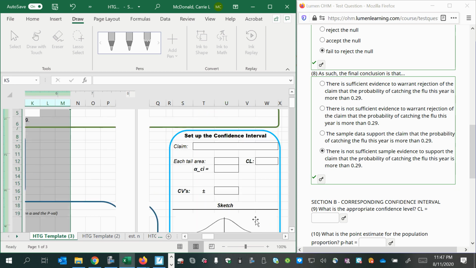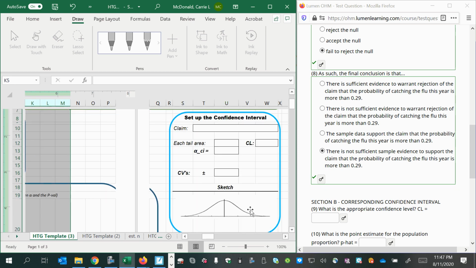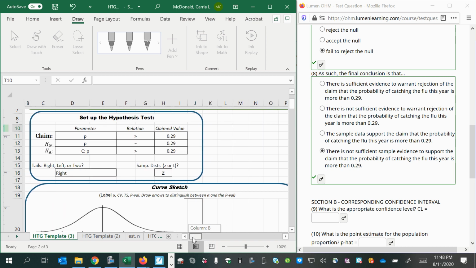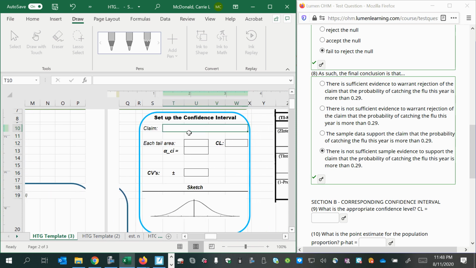So let's set up the confidence interval. The claim that we're looking at is the same claim we had for our hypothesis test. P is greater than 0.29. So in order to find support for this claim, we need to see that our confidence interval lies completely above 0.29.